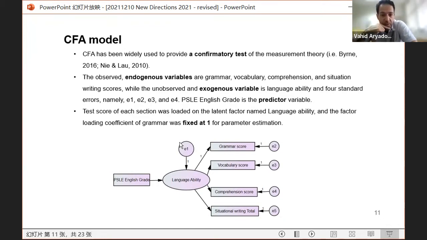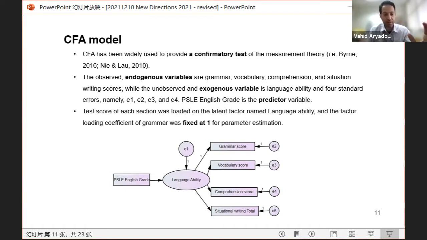That's linked to language ability, and this is because we assume that the PSLE English grade can predict the language ability of students. Language ability of students has been measured by the tests that have been created in the project that Julian mentioned. So the test takers would take those language ability tests in secondary school. So we assume that their national exam records in primary school can predict their language performance in secondary school.